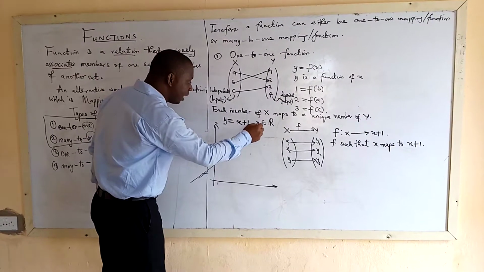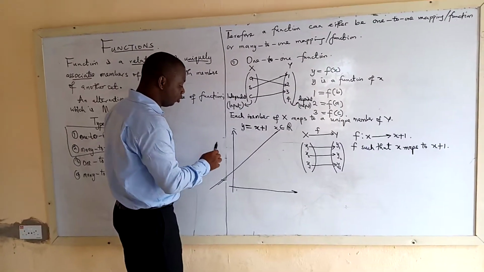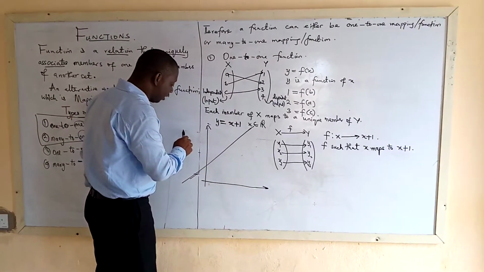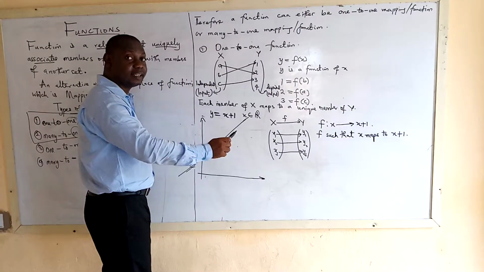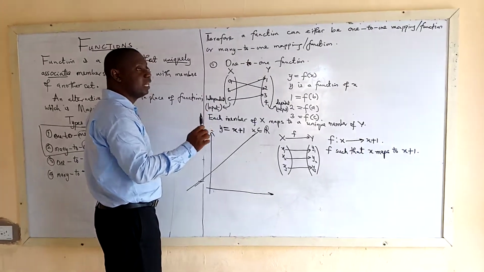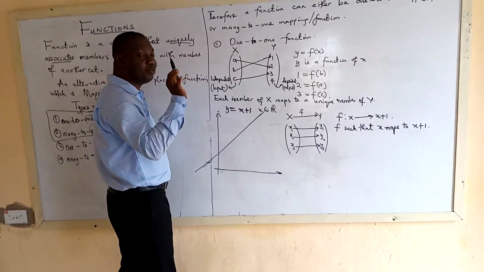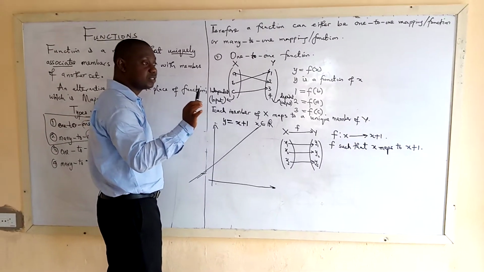Then it follows that if you want to know whether that graph is one-to-one, all you have to do is cross that graph with a horizontal line. If it only intersects at each point, it means it's one-to-one.